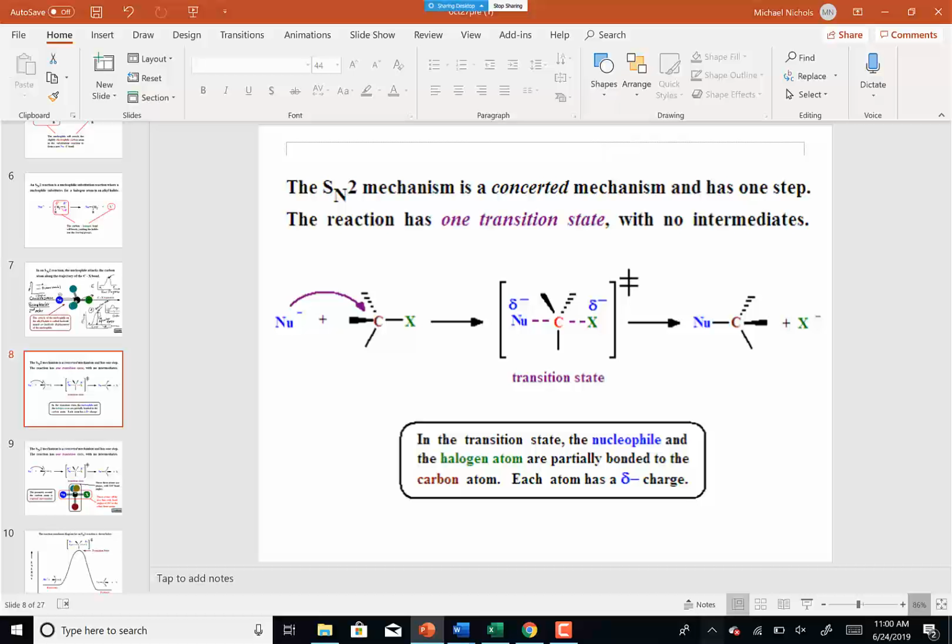Where the groups over here are pointing to the right, and then after the reaction they're pointing to the left, your left, and my left. What would be in between? In between would be having these three groups dead in the center.